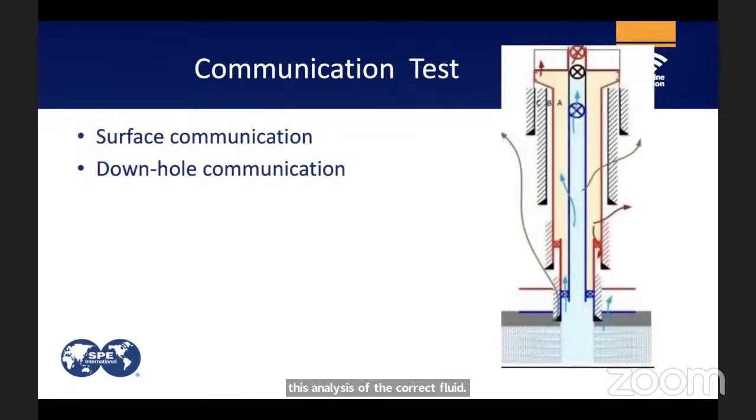This is an example of a communication test. So there is surface communication and downhole communication. What I can do is stop sharing this one so I can show something to you.